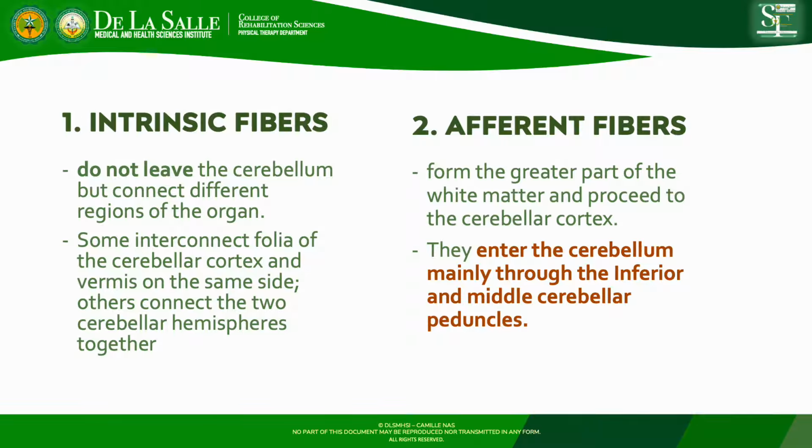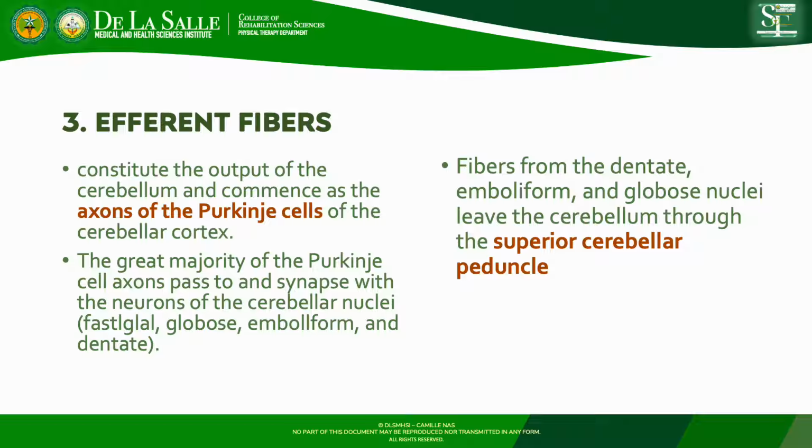These axons are entering the cerebellum. But the efferent fibers exit the cerebellum, and these come from the axons of the Purkinje cell. Remember, I mentioned the Purkinje cell is the functional unit of the cerebellum because it's the major outflow cell of the cerebellum. So its axon will be the one exiting the cerebellum, through the superior cerebellar peduncle.